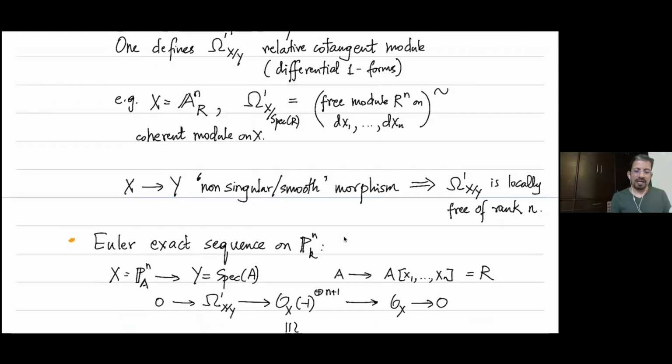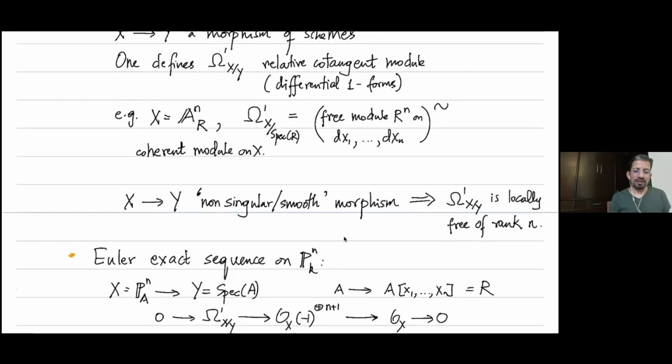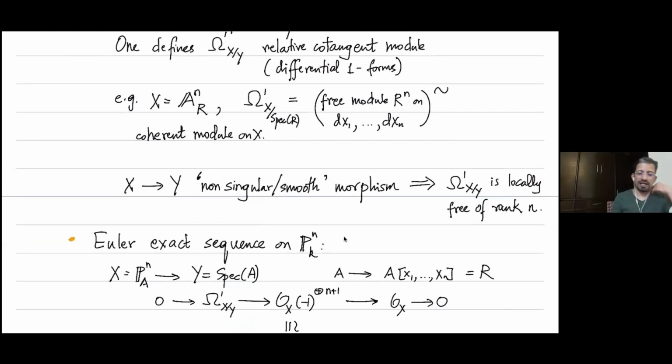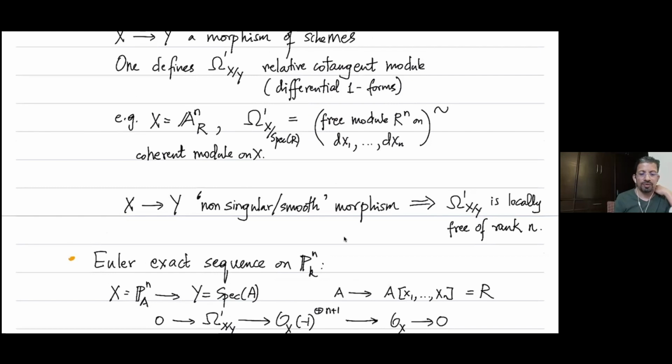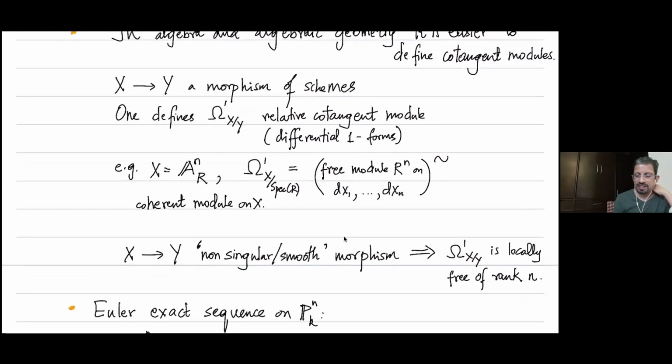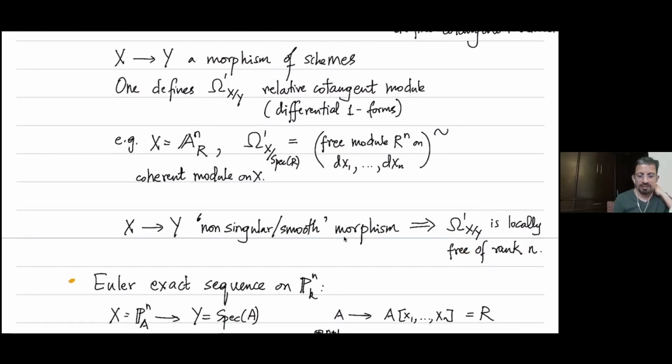An important usage is the notion of smooth morphisms. A smooth morphism between two manifolds, or schemes, I won't go through a definition, but with some minor conditions it is equivalent to saying that omega1 of X over Y is locally free of rank n.